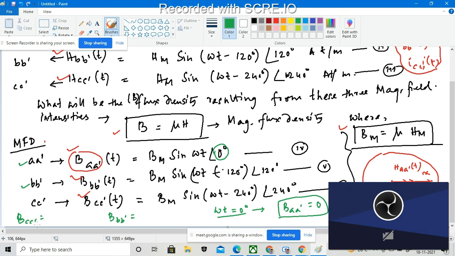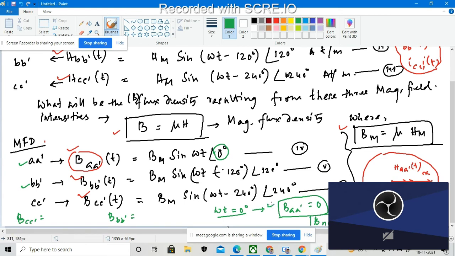Then we have to find the total magnetic field from the three coils, and together we will accumulate the B net. Our main objective is to find the B net, that equals B of A dash plus B of B dash plus B of C dash. That is my main motto.